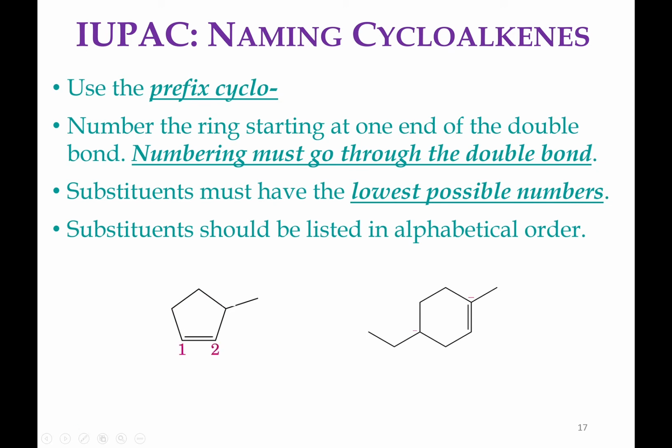1, 2, 3, 4, 5 means it's a pentane that became a pentene because of the double bond. And the pentene is going to be at number 1. We're always going to have that be at the number 1 position unless there's more than one double bond. Then substituents, so we have a 3-methyl cyclopentene.